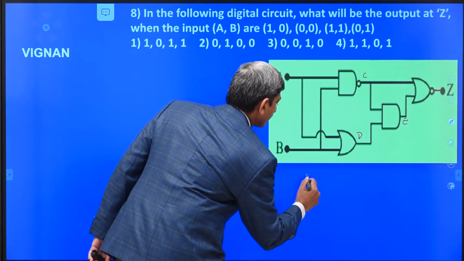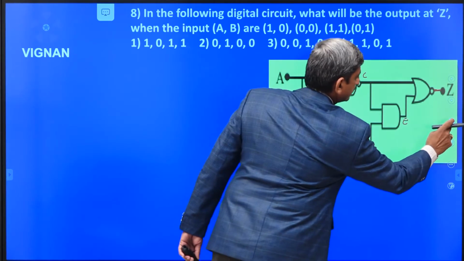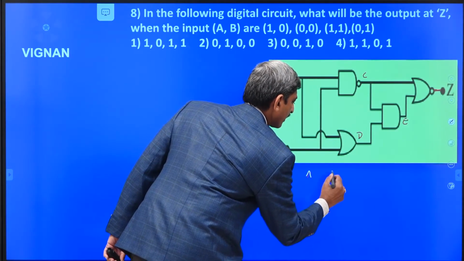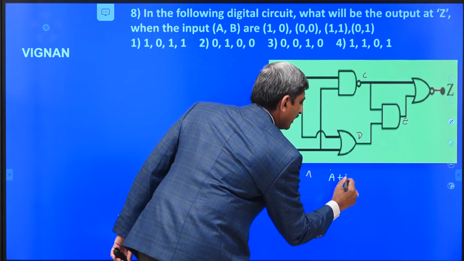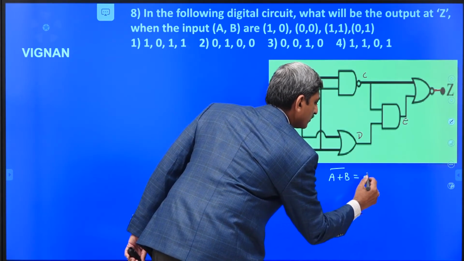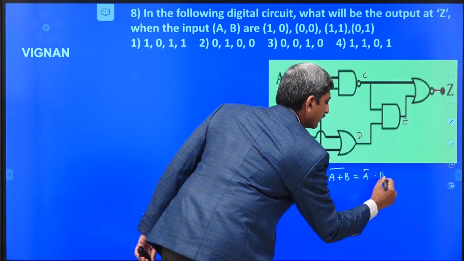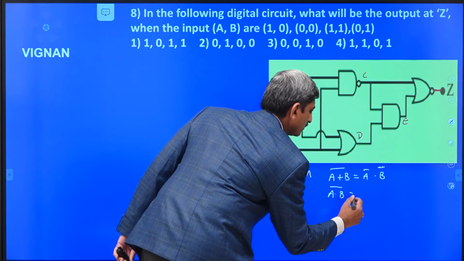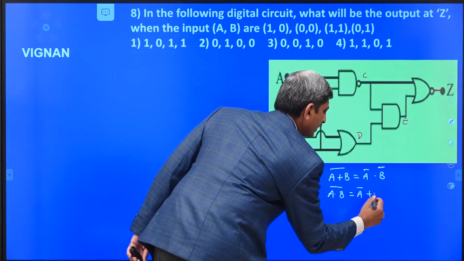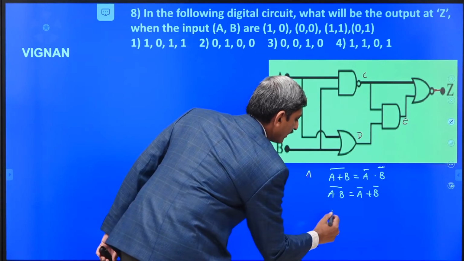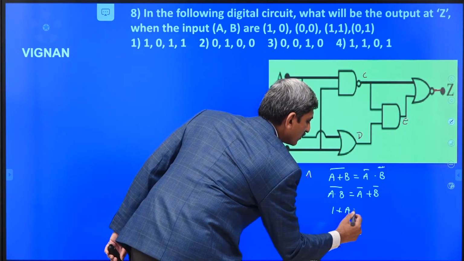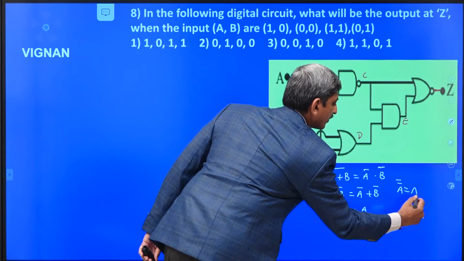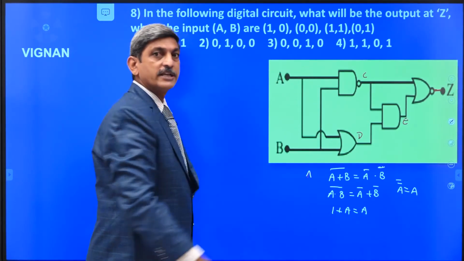They are: (A plus B) bar is equal to A bar dot B bar, (A dot B) bar is equal to A bar plus B bar, and 1 plus A is equal to 1, and A double bar is equal to A. These are the Boolean expressions.